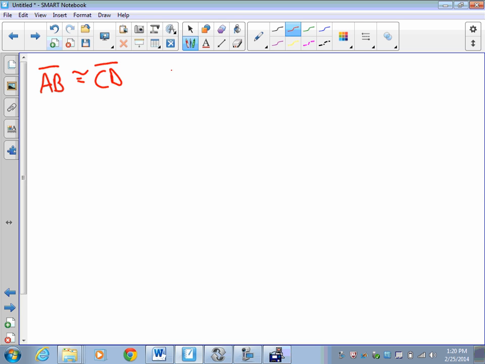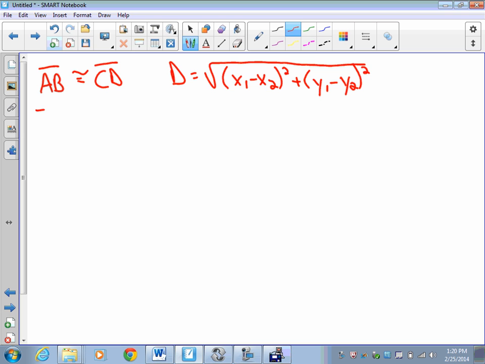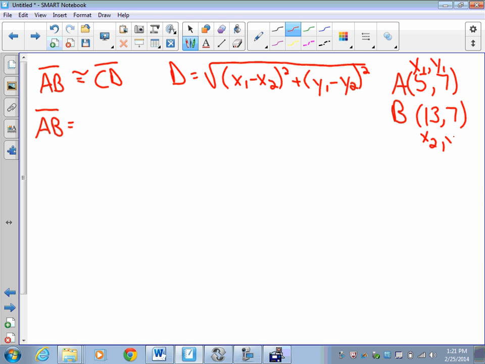And remember, our distance formula is the square root of the difference in x's plus the difference in y's whenever we square both of them. So we have A is (5, 7), and B is (13, 7). All we're going to do is substitute all those numbers in.